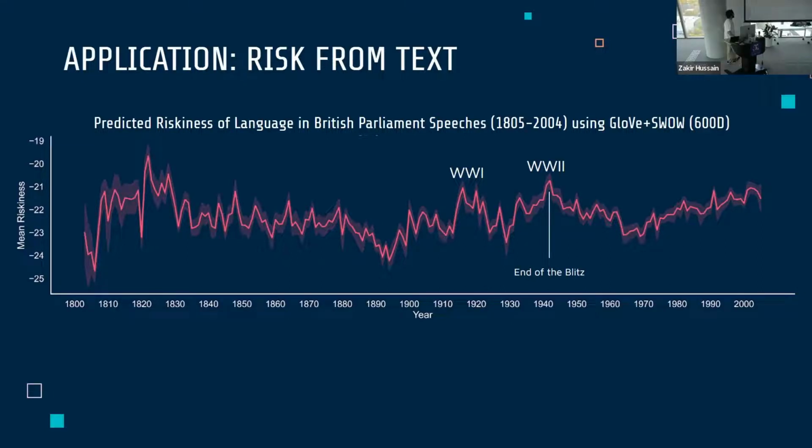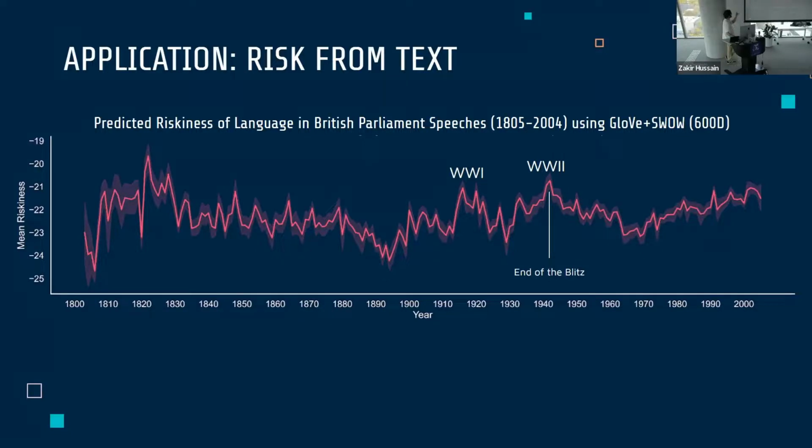And that peak in World War II actually corresponds almost to the end of the Blitz. I haven't checked this yet, but it would be interesting to zoom in closer and see if you could spot specific things that happened in World War II more clearly at a finer grain.